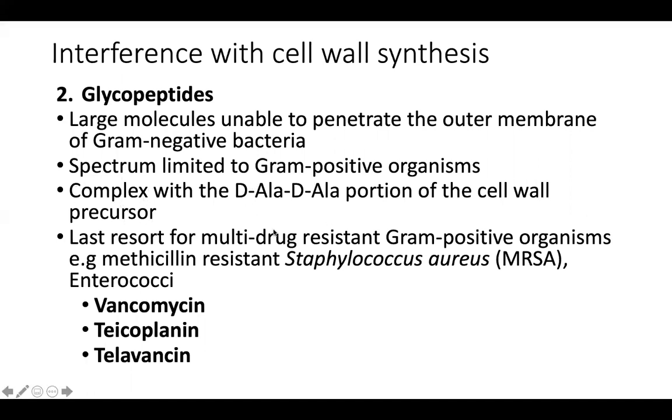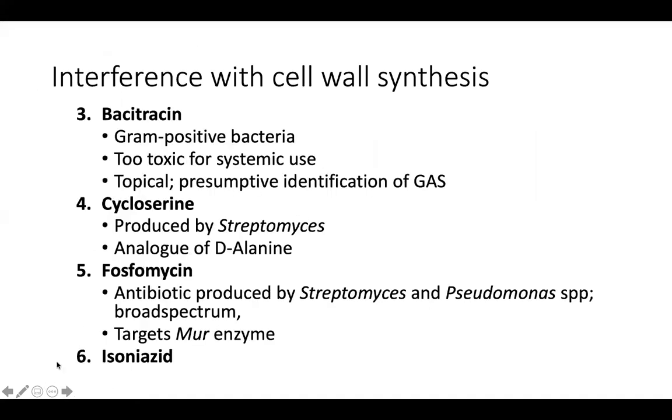Once the glycopeptide forms a complex with the D-alanine, you can no longer continue with the interlinkage, which means that you weaken the cell wall. So this is an example of an agent which is bactericidal, because it leads to weakening of the cell wall and subsequent lysis because of the high osmotic pressure. I hope that's clearer.